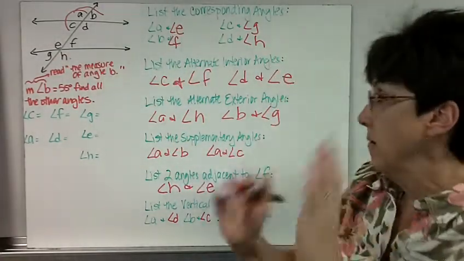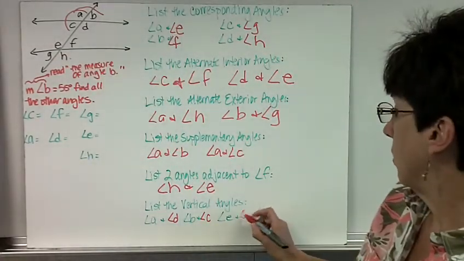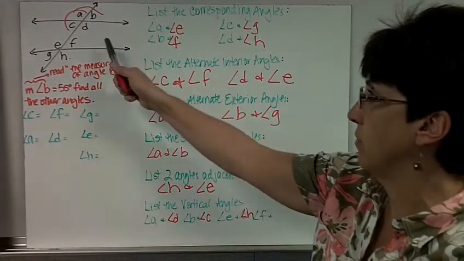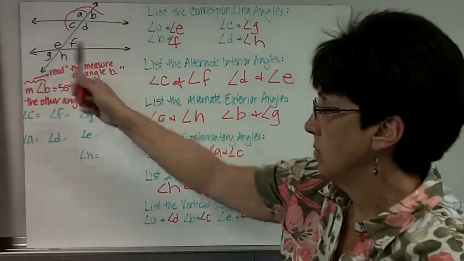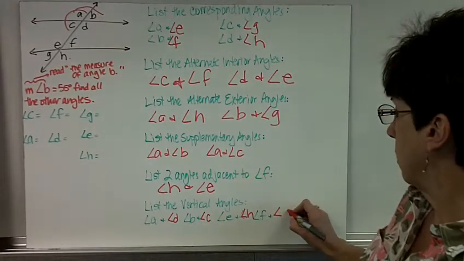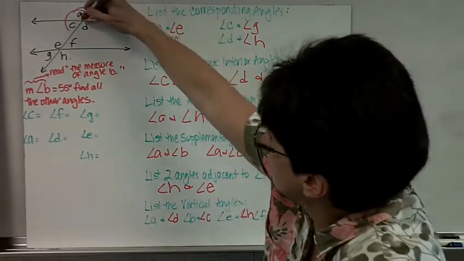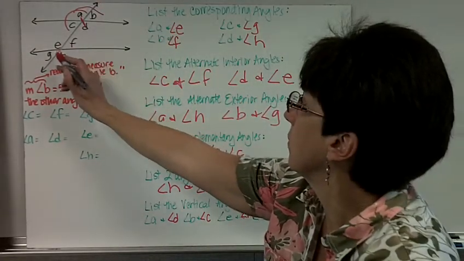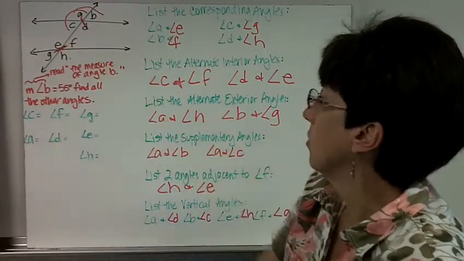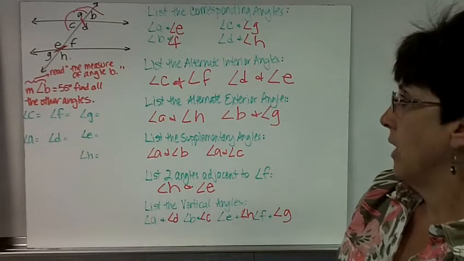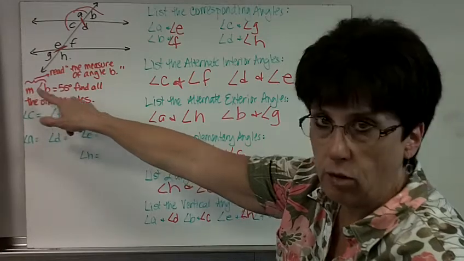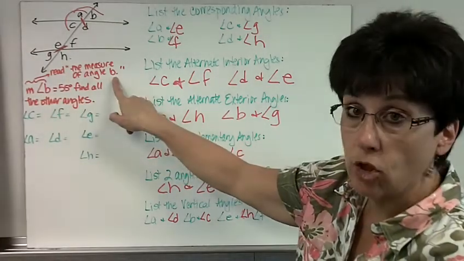Makes the V. Angle H. And angle F is vertical with angle G. Okay, so vertical ones are right across from each other like this. Or like this. G and F.